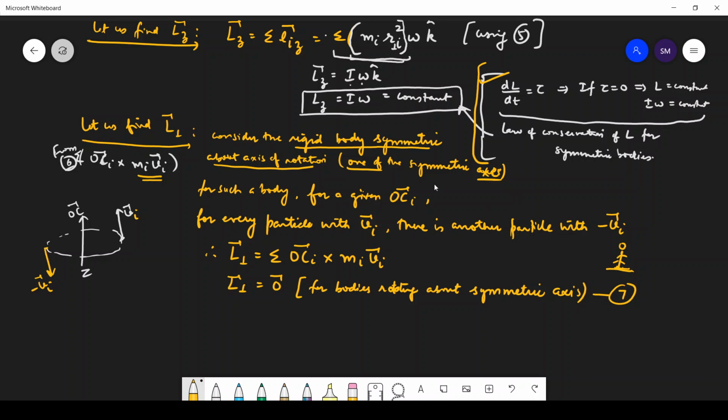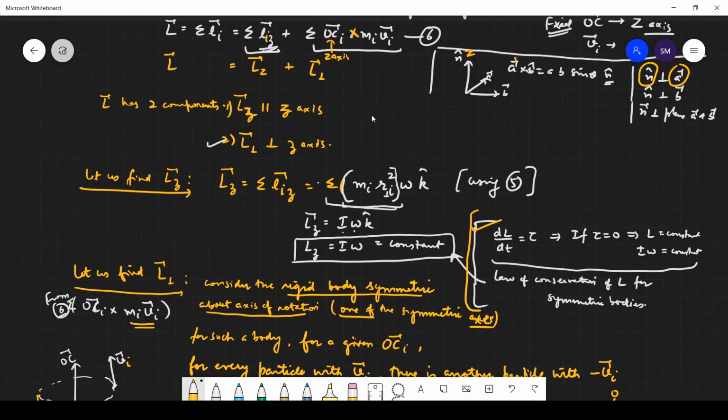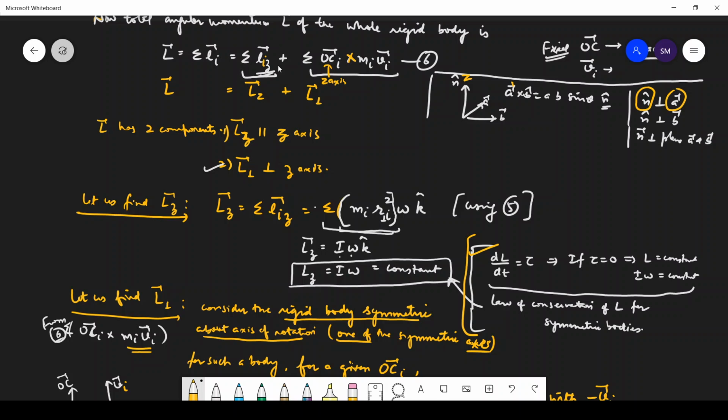Now where we were, so we were over here, equation number 6. We have calculated this component Lz as I omega, and we have calculated this as 0. So I discussed with you that this will only be possible when this component will be 0. So we have found L perpendicular is 0 when the body is symmetric and rotating about the symmetric axis.